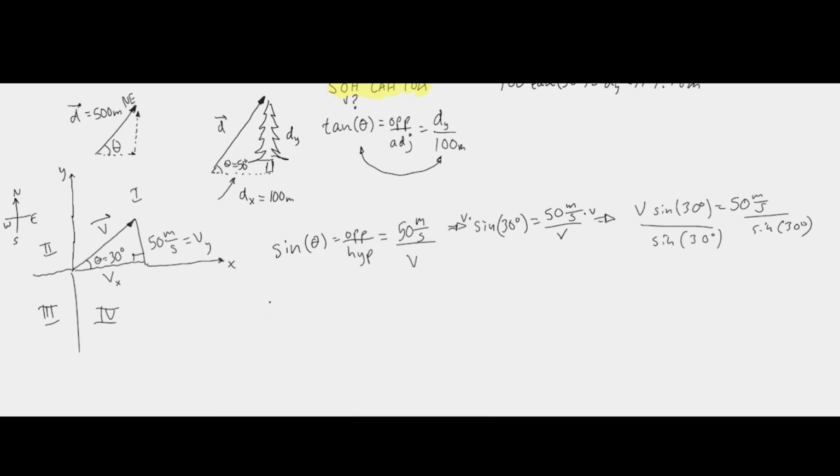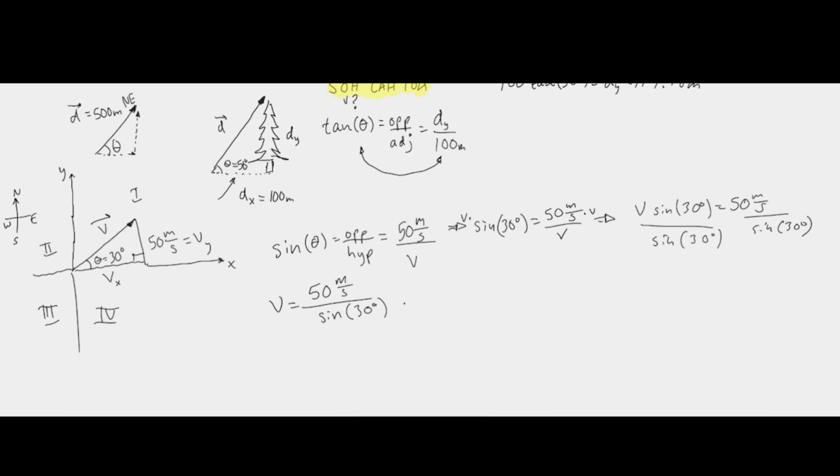And then we're left with this equation, v equals 50 meters per second divided by the sine of 30 degrees. And I can plug that into my calculator as well, and it's 50 divided by the sine of 30 degrees. Be sure to use your parentheses if you have to in the calculator.